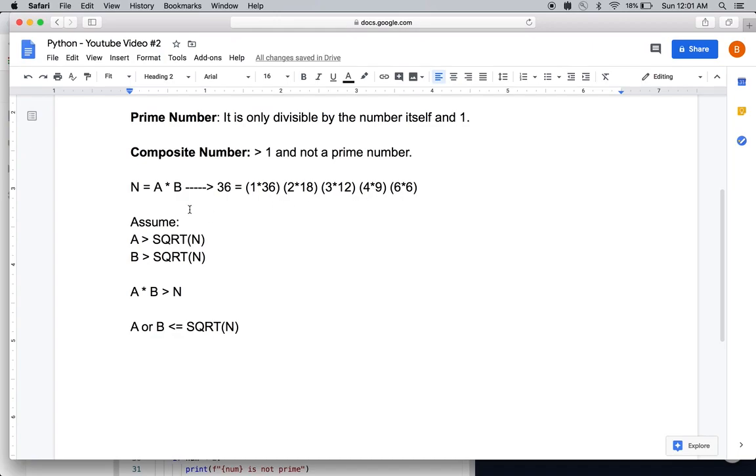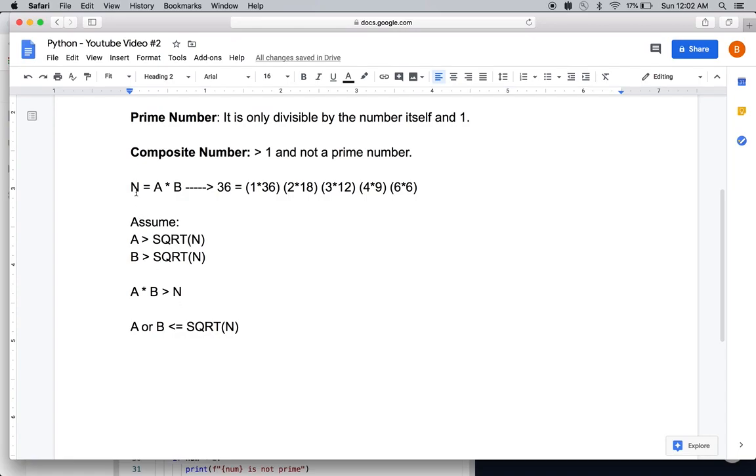Just summarizing this: if we say that n is a composite number and n can be written in this form, as a multiplication of two numbers, the factors of n, and if we assume that a is greater than the square root of n and b is also greater than the square root of n, then a times b will be greater than n itself.